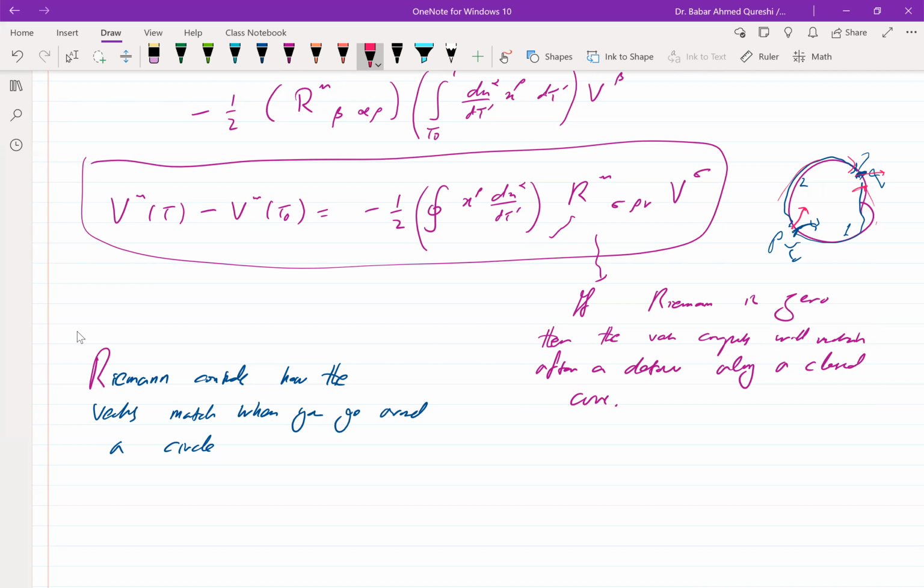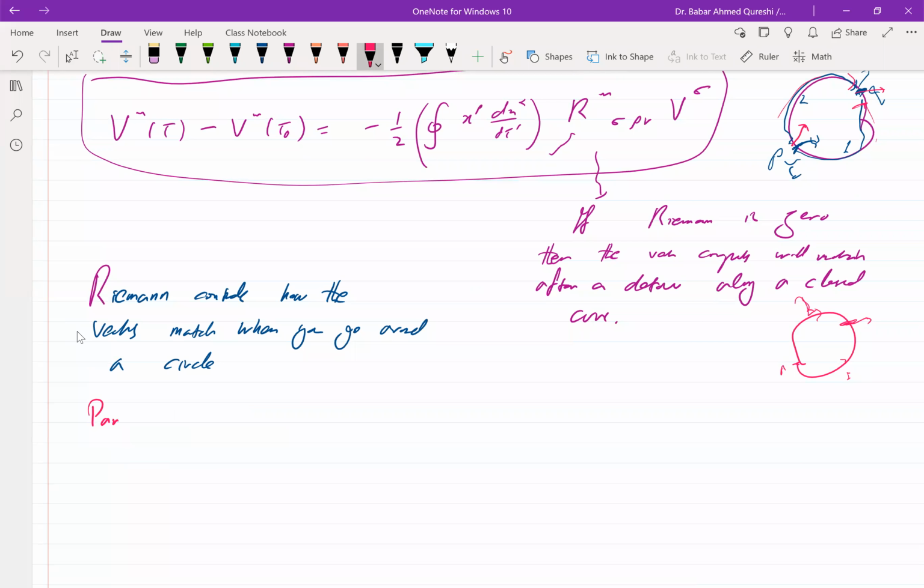If Riemann is 0, then along closed paths, I do not get a change. So that also means that if I start from one point, I can take any path, path 1 or path 2, and I'll get the same vector. So the parallel transport, in case of zero curvature, zero Riemann tensor, becomes path independent.